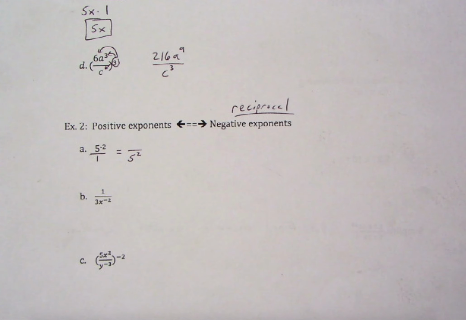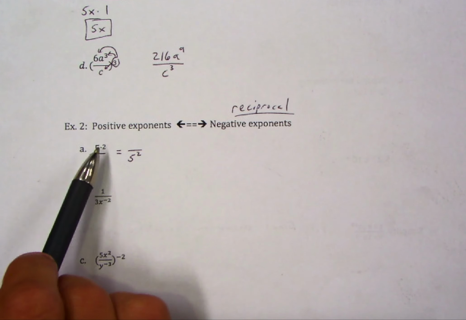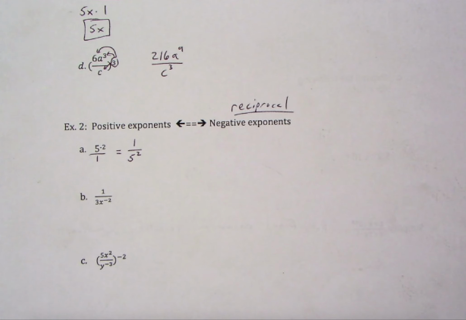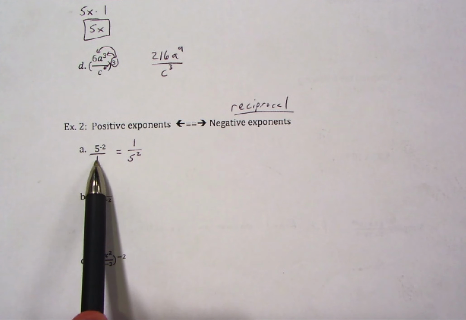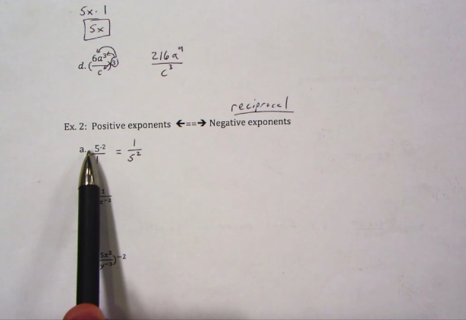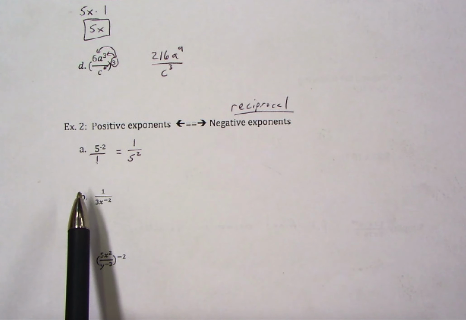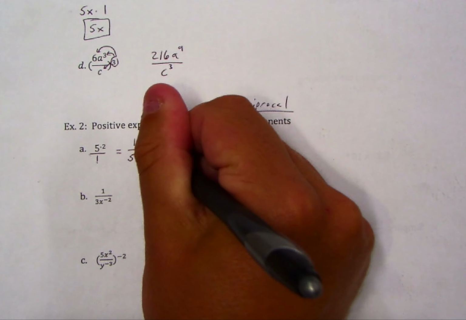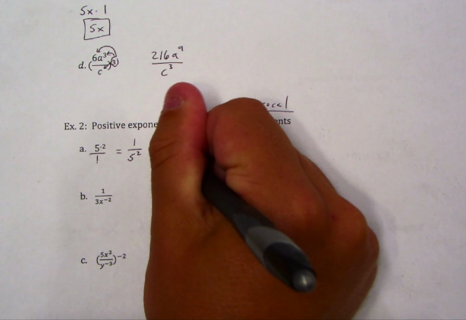So anytime you're moving things with negative exponents from top to bottom or bottom to top, the exponent becomes positive. If you move everything from the top to the bottom, there's still a 1 as a placeholder right there. Now it's important to understand this 1 did not really flip and go up here. That's not really what happened. And you'll see what I mean by that on part B. And so to simplify this, it would be 1 over 25.